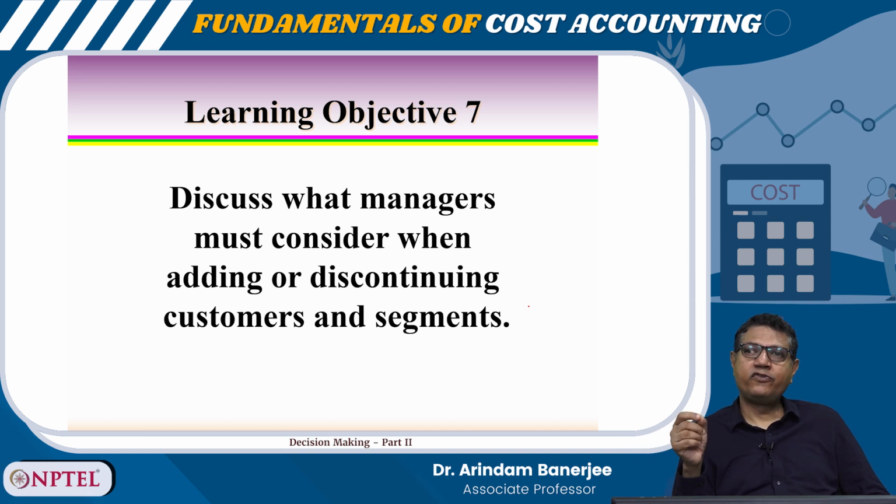This type of cost, which is going to happen in the future and which is influenced by my decision, is relevant cost. And any cost which has already been incurred and will not get impacted by my decision, I will say that it is irrelevant.